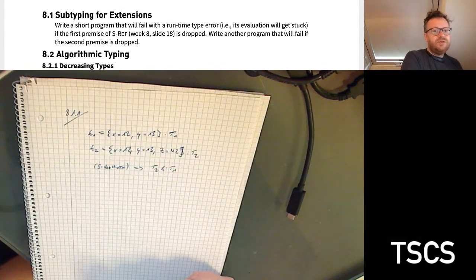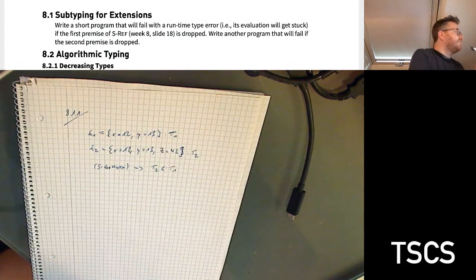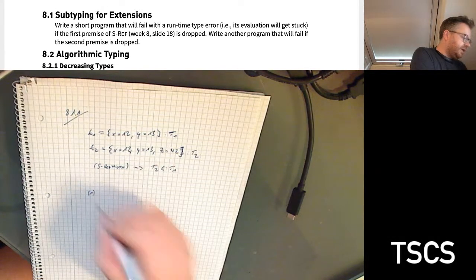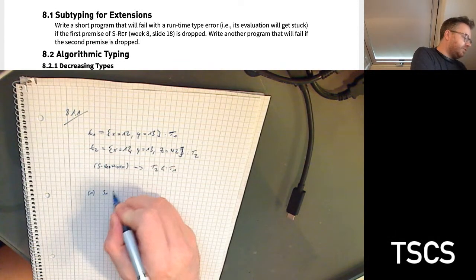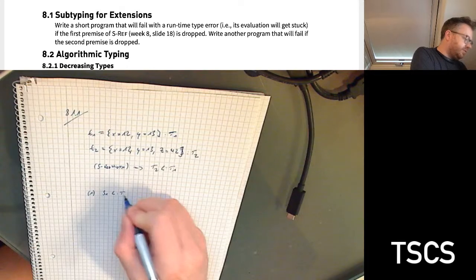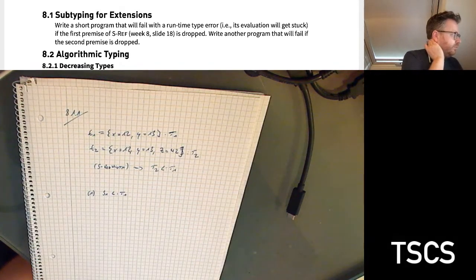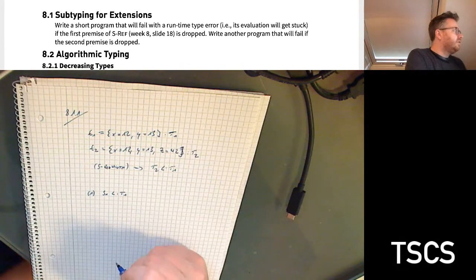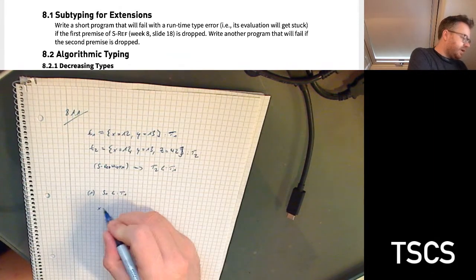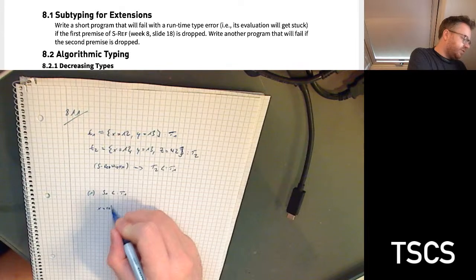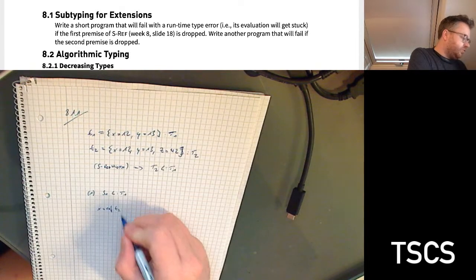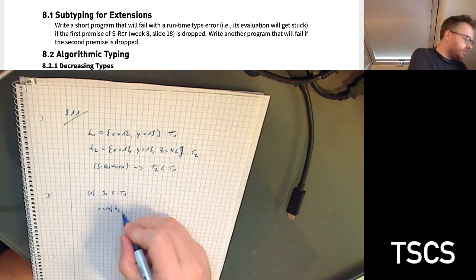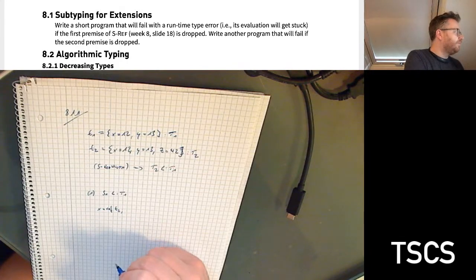Okay, so the first idea was to drop the first premise. So the first premise is S1 subtype T1. And for this, let's write a program that does that. Nothing could be easier. We say that x is a reference to T2. We could easily do this with a let, I'm doing this with sequencing here, same thing.